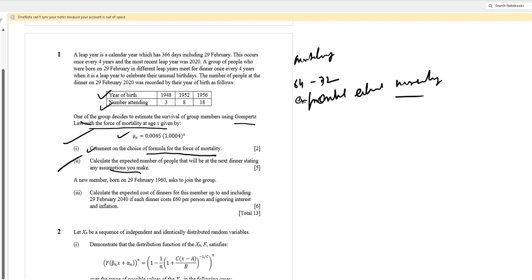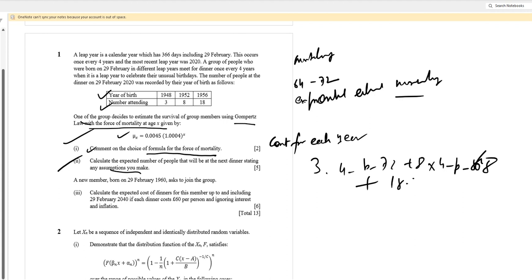So, assuming that the force of mortality is constant for each year, the survival probability for another 4 years will be 3 into 4, 72, 8, and this is 64. So, the px calculation.